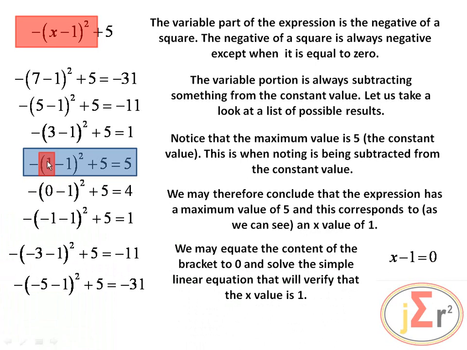So of course inside here we will have x minus 1, so that is equal to 0. x minus 1 is equal to 0. So when we transpose that, we get x is equal to 1, and that is the value of x corresponding to the maximum value of 5.